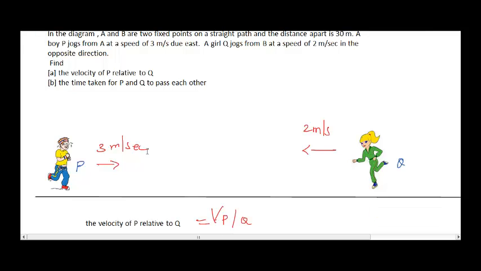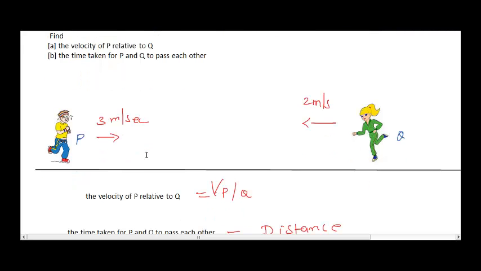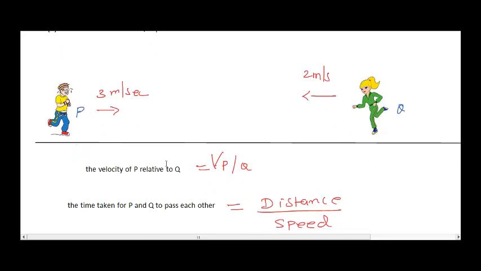Now we are going to find the velocity of P relative to Q, right? The velocity of P relative to Q is represented by Vp given Q, with Q as the observer. Since both are in opposite directions, their velocities add: 2 plus 3, which is 5 meters per second, right?